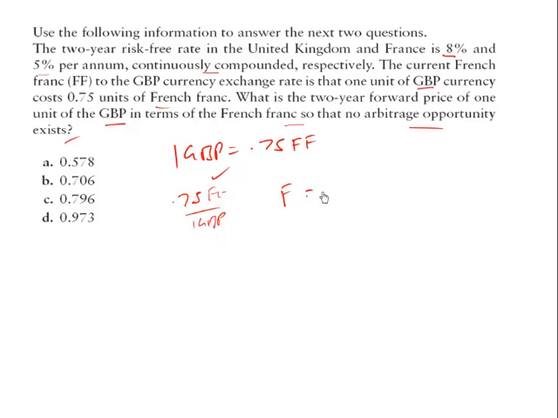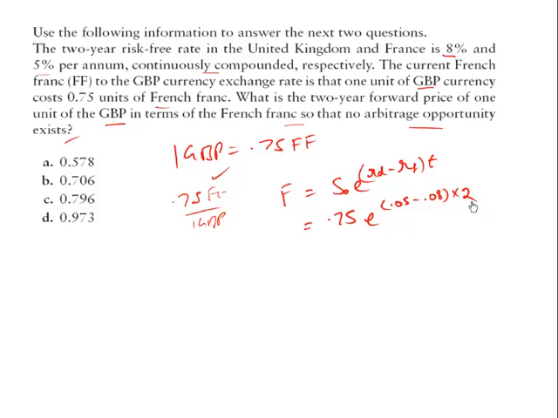The forward price can then be calculated as the spot price times e raised to the power (rd minus rf) times t. Spot price is 0.75 times e raised to the power, the French rate is 5% minus the UK rate of 8%, times the time of 2 years.